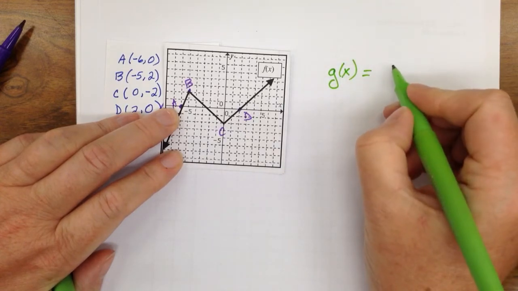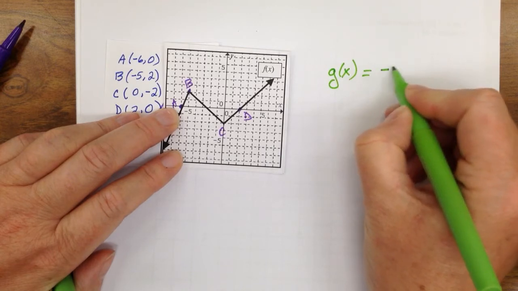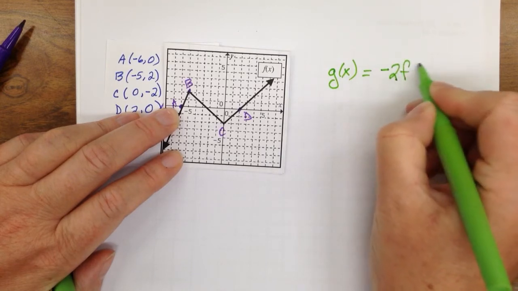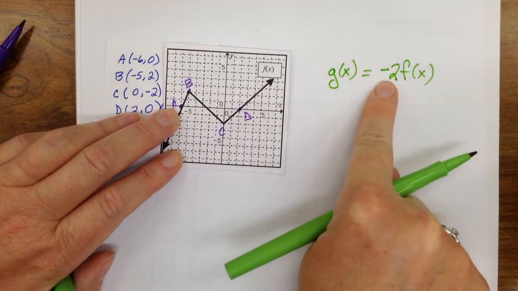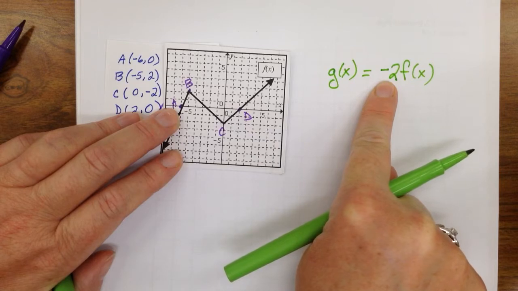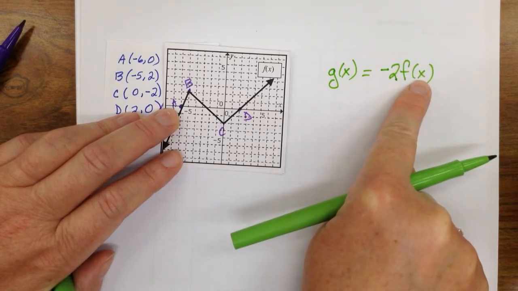This is going to be the -2 F of X graph. Now, you see that -2? Ask yourself a question. Self, are you in with the X? No. No, you're not. You're not in with the X. So here's what this means.